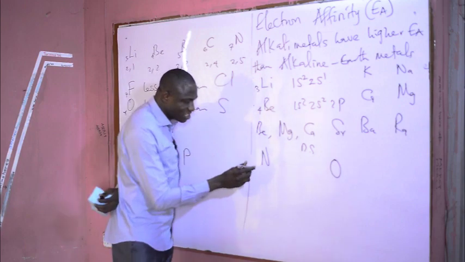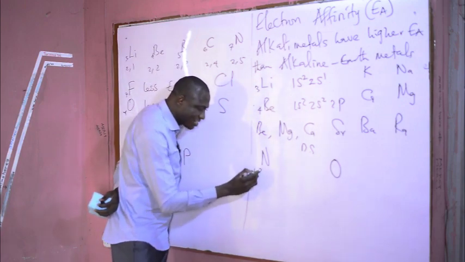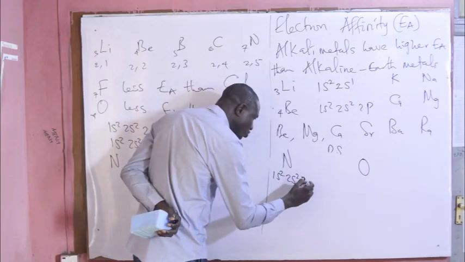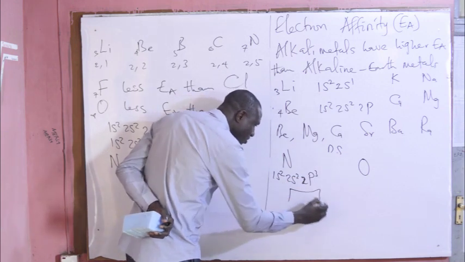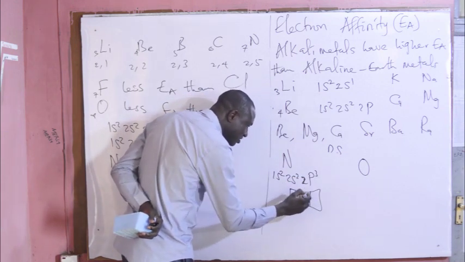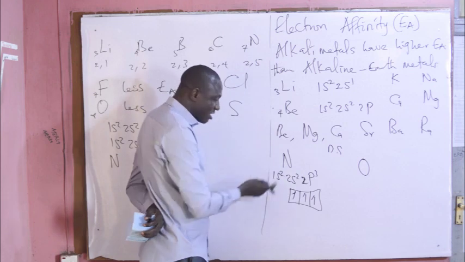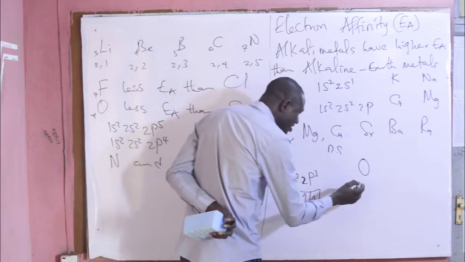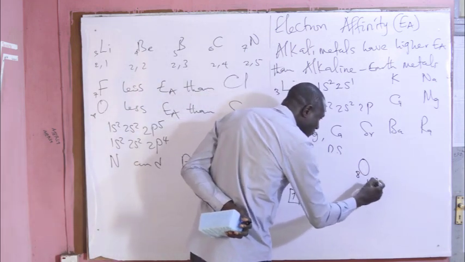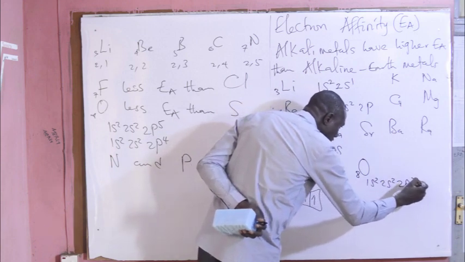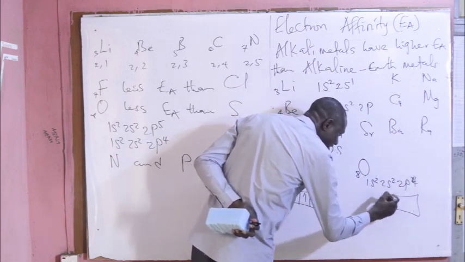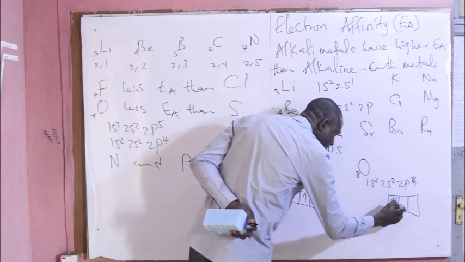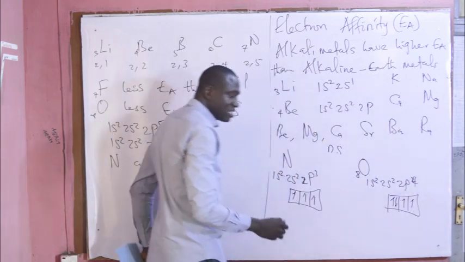The electronic configuration of nitrogen is 1s2, 2s2, 2p3. This p orbital degenerates into 3, and each one of them takes 1 electron in accordance with Hund's rule. In oxygen, with atomic number 8, we have 1s2, 2s2, 2p4. That p orbital again degenerates into 3. This takes 2, and the other p orbitals take 1.